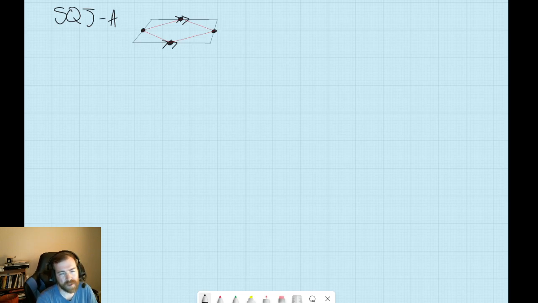Alright, so what must we be able to prove about these particular pieces? So, let's see. These are going to be the same here. These are going to be the same here. The two opposite sides, the ones that are parallel, do not have to have any particular relationship to each other.